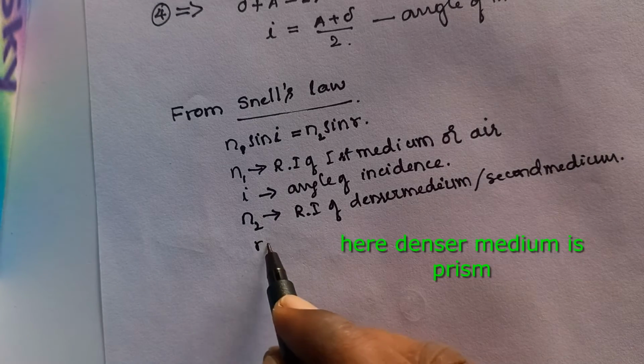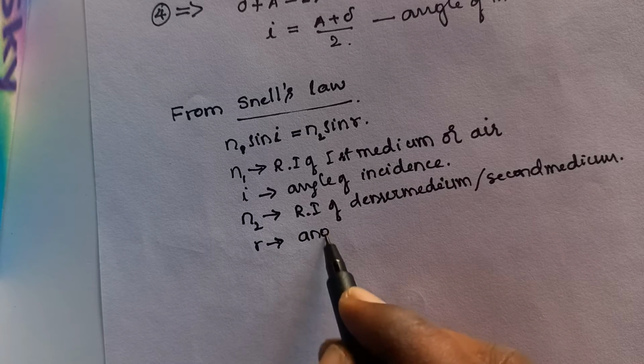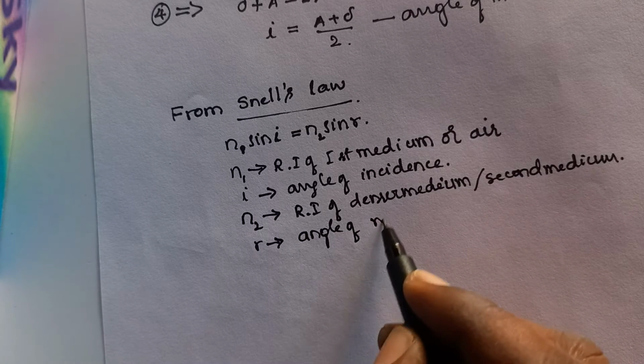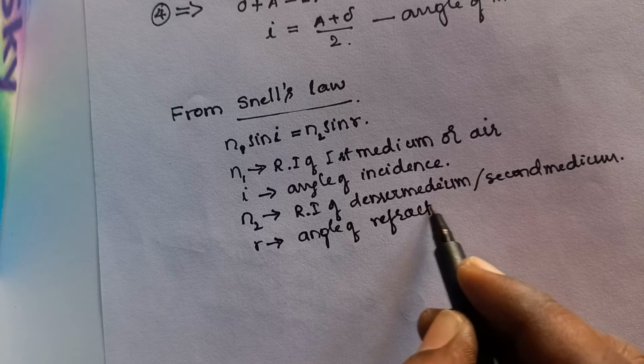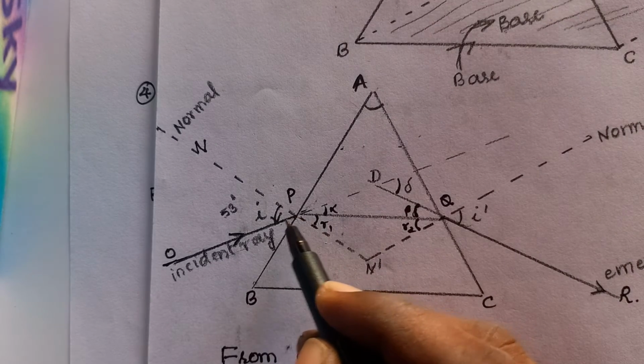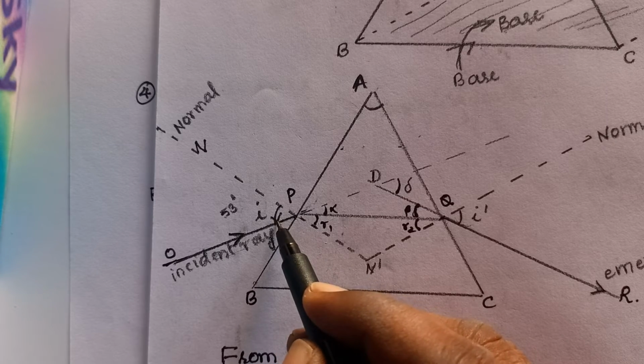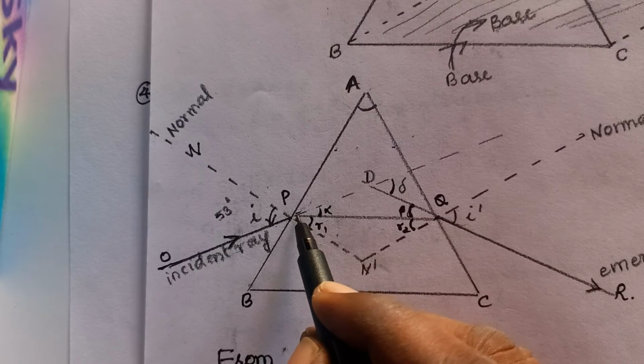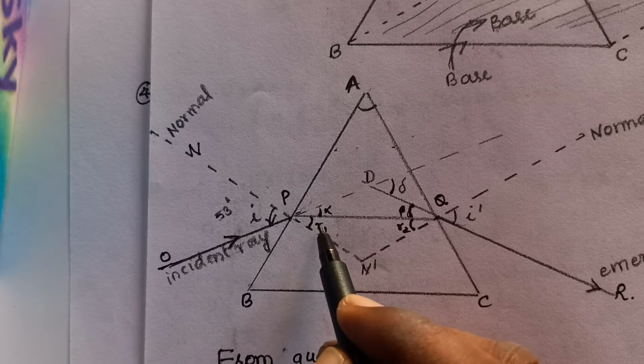Then R is the angle of refraction. This is the angle of incidence and this is the angle of refraction.